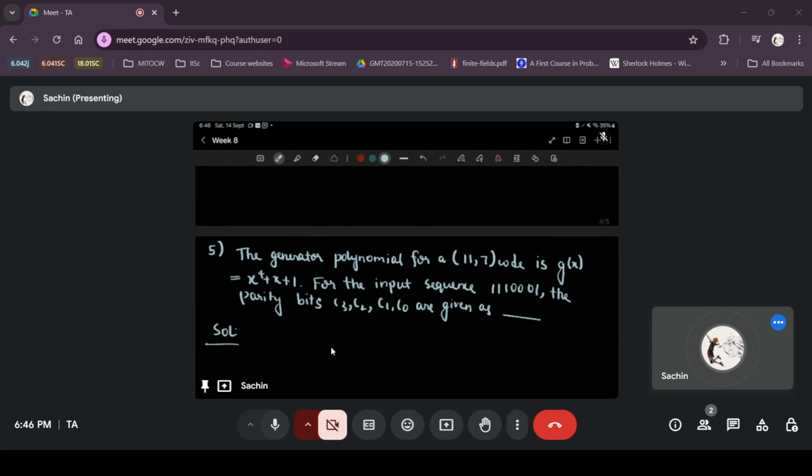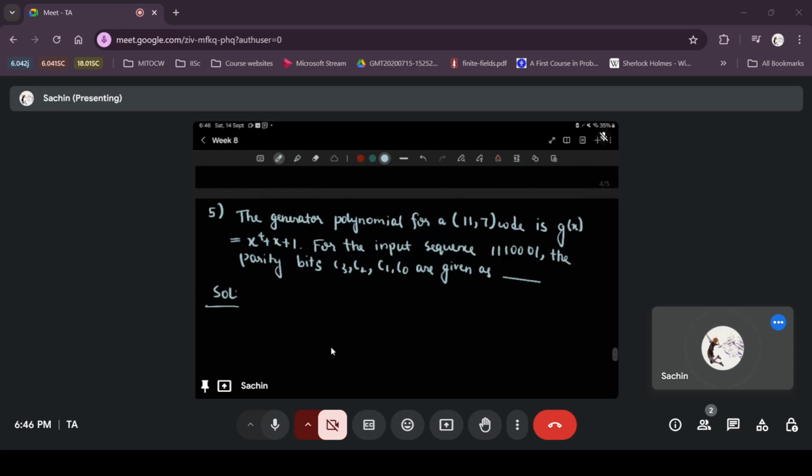Here's the solution. By the way we construct the parity bits, if there are 7 information bits, you can write the information sequence as A6, A5, A4, A3, A2, A1, A0.